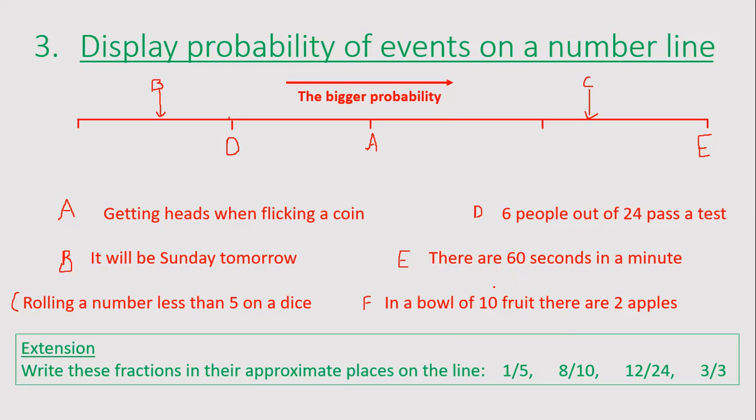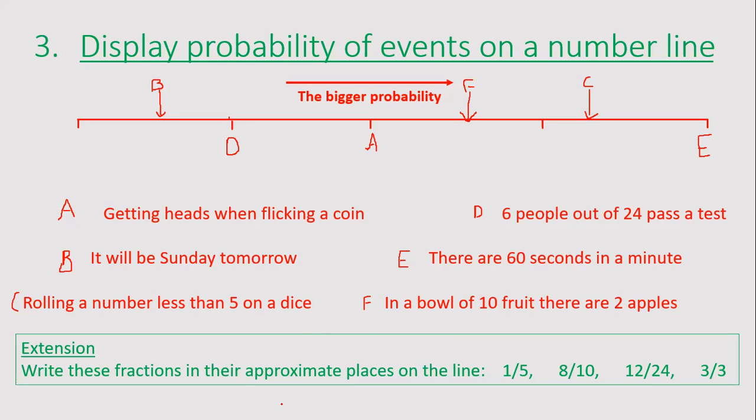But if we're looking at 2 out of 10, I would say, out of 10, chances are you might well get 2 out of 10 apples. This is a bit more of a difficult one because everyone might have a different opinion on that one.